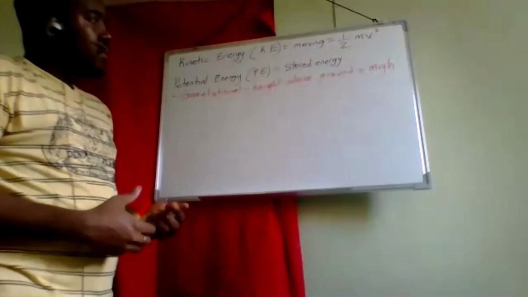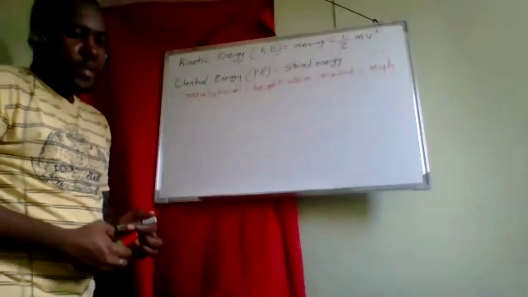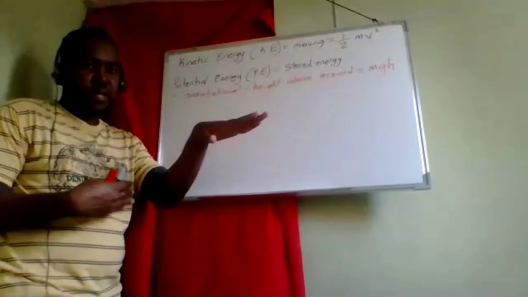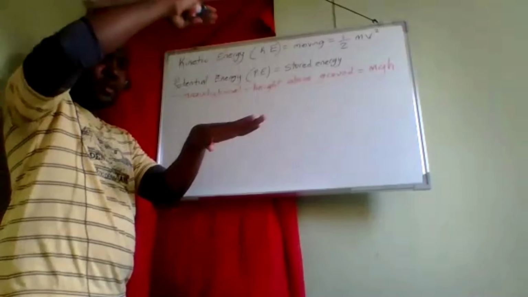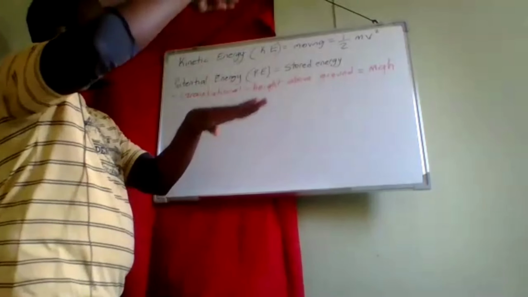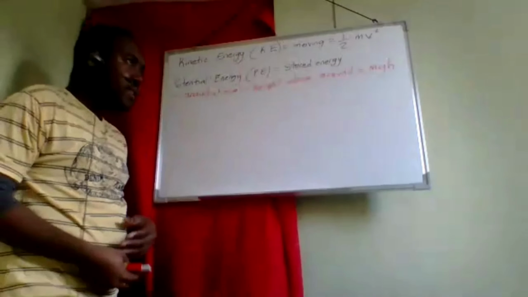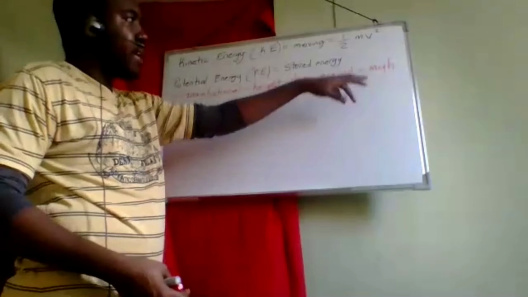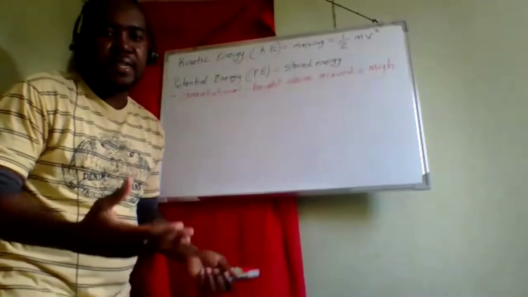Sometimes it's delta H as well. It's the same. If you're at this height and you need to find the change in potential energy if you move it to this height, then it would be from here to here. You find the height difference and you use that, right? But in general, if it says the object is 5 meters above the ground, then we use 5 to find the gravitational potential energy.